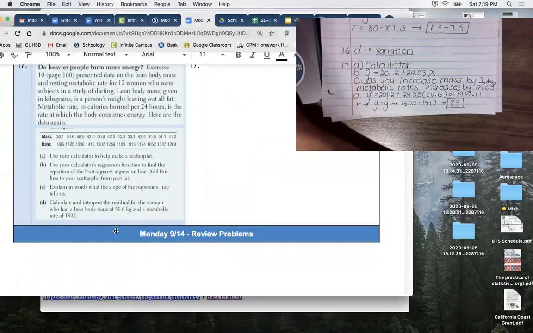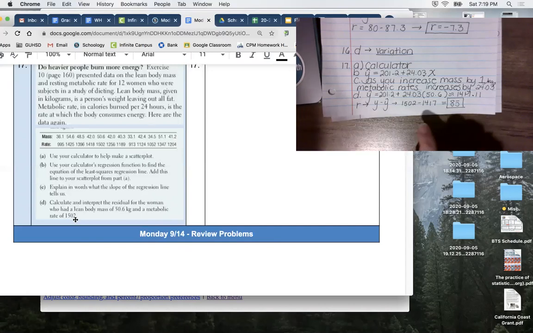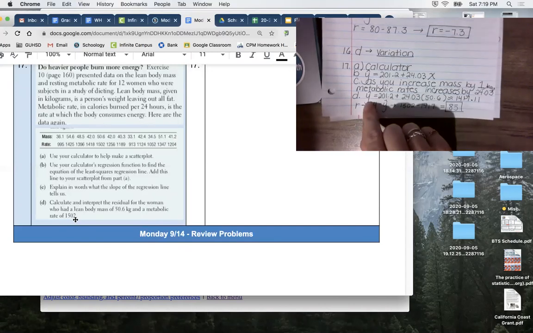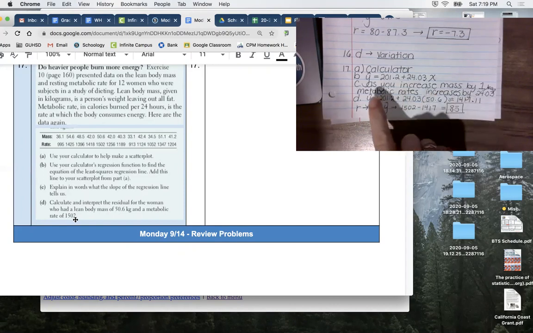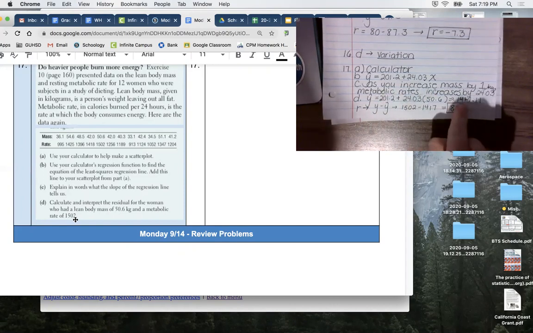Okay, in D, they ask you to calculate a residual. So let me look at that. It says calculate and interpret the residual for a woman who had a lean body mass of 50.6. Well, we have the value that actually happened. The metabolic rate is actually 1502, but now we need to find what my predicted is in order to calculate a residual. So I plugged in that 50.6 and I got that my prediction should have been about 1417.